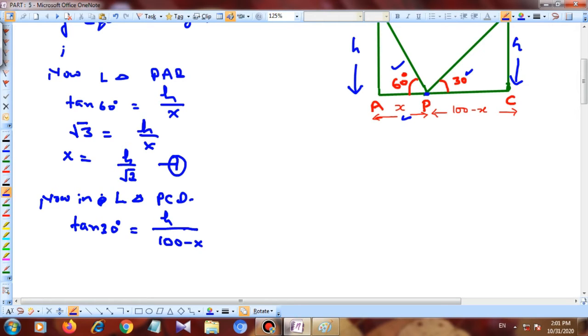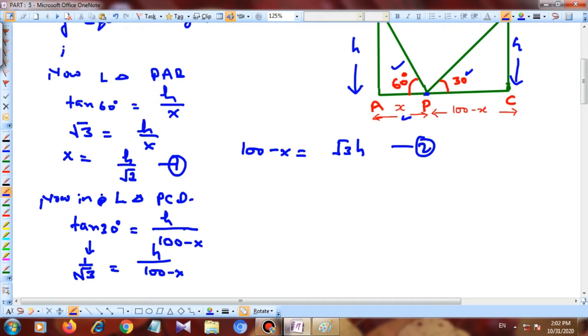The value of tan 30 is 1 upon root 3, equal to h upon 100 minus x, right? When you cross multiply, then you will get 100 minus x equals root 3 h, right? This is our second equation.